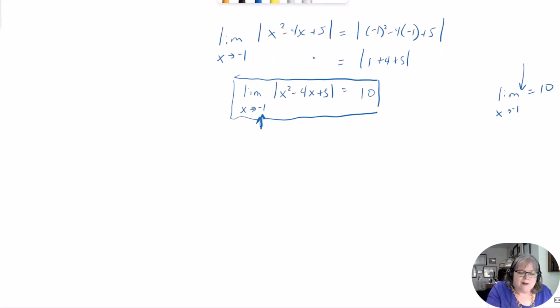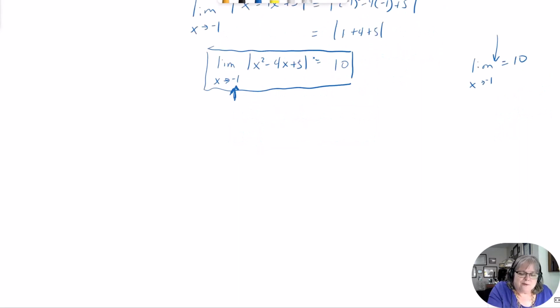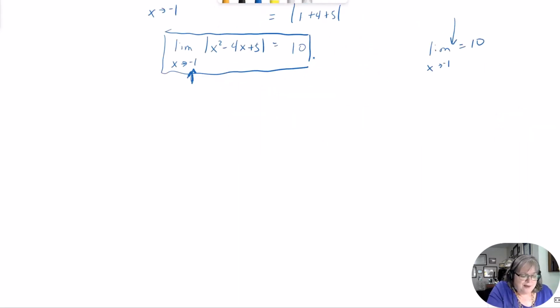Now, one of the other forms that teachers like to use in books is this version of the absolute value. See how these look an awful lot alike? x minus 1 over x minus 1, but one of them has an absolute value bar.